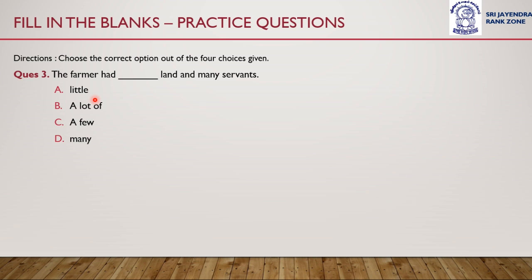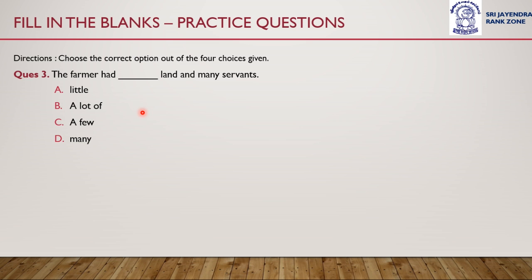Options are option A little, option B a lot of, option C a few, and option D many. Which option do you think is most appropriate for this blank? The farmer had dash land and many servants.